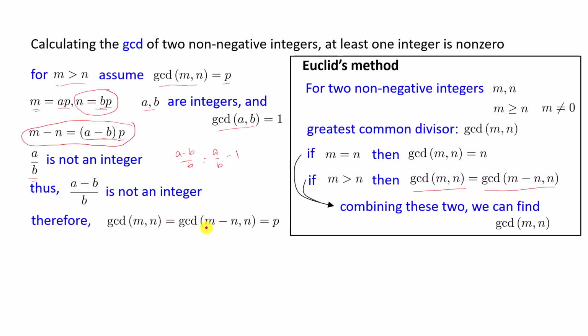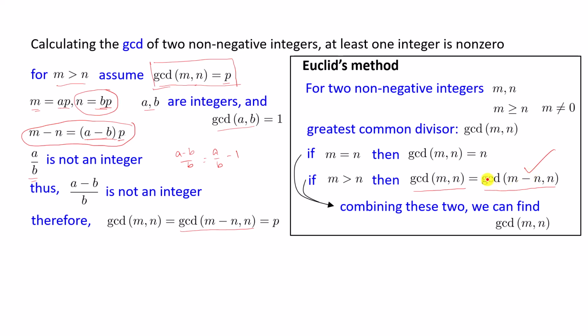Therefore, GCD of m minus n and n is P. So now we have assumed here that GCD of m and n is P, and based on that assumption, we see that GCD of m minus n and n is also P. Therefore, this part is now proved. So we have confirmed that Euclid was right about this.